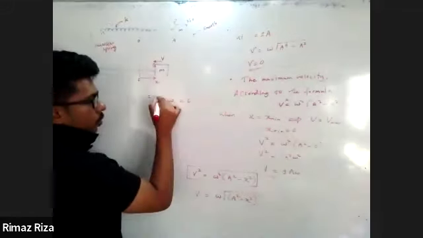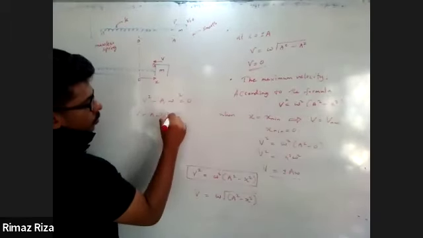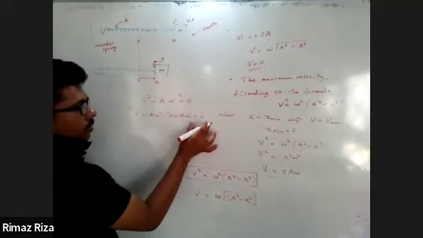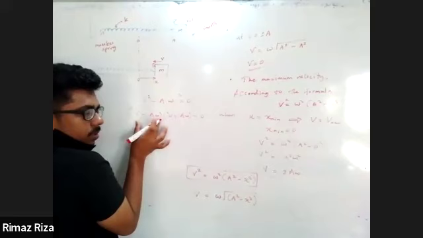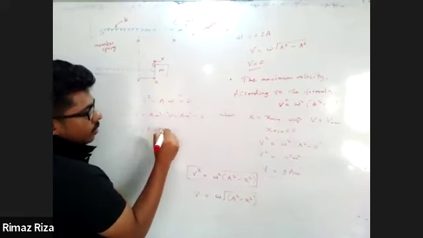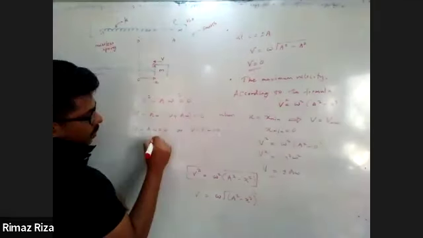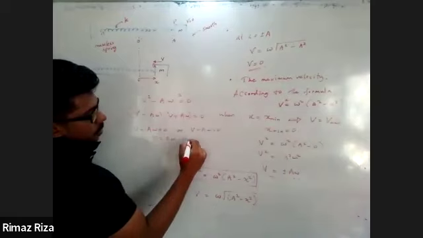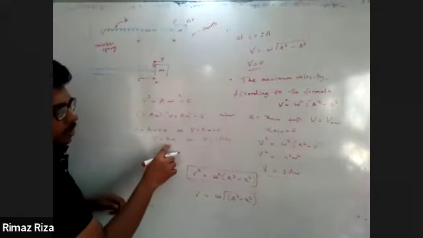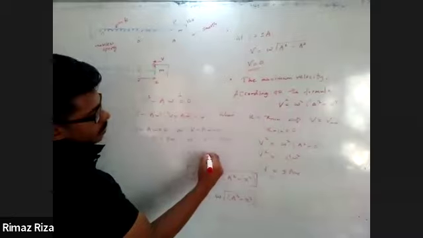So v minus a omega times v plus a omega equals 0. A product equal to 0 means either this term is 0 or that one is 0. So v equals a omega or v equals minus a omega. Therefore v equals plus or minus a omega.